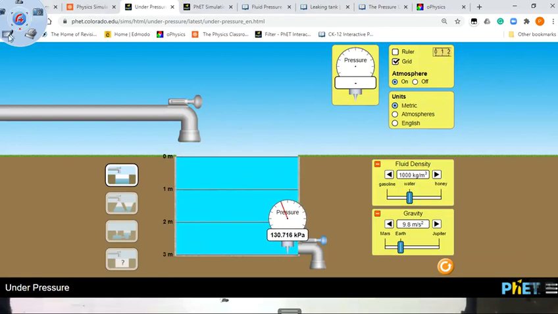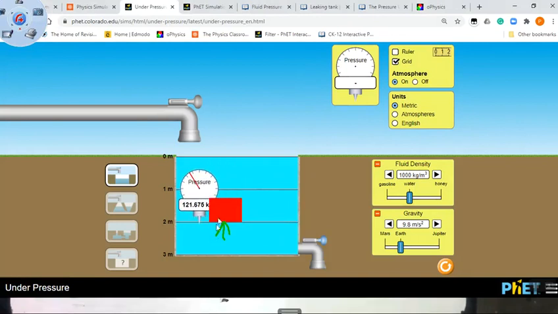Let's say an object is floating in the water over here, and we have the pressure pushing upwards. The pressure pushing upwards on this object will also be equivalent to what the pressure would be.